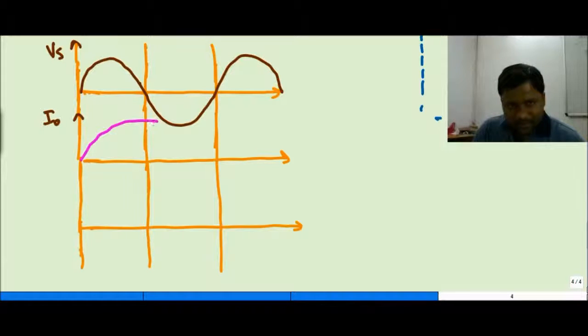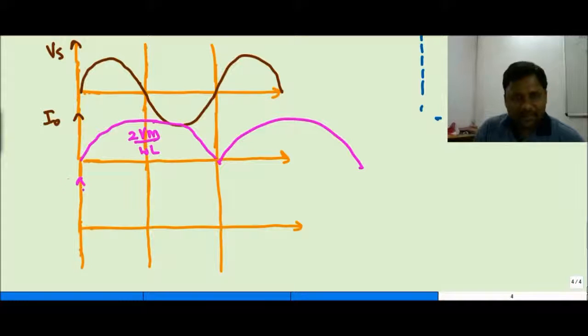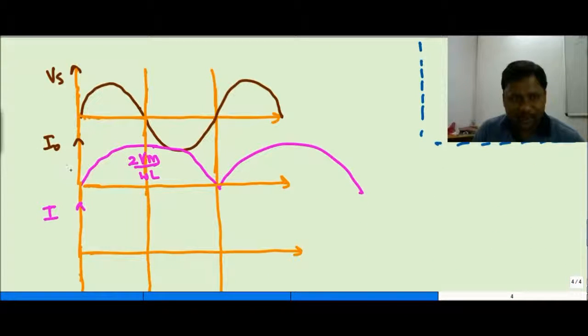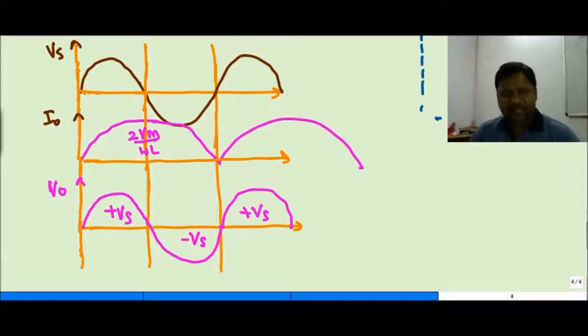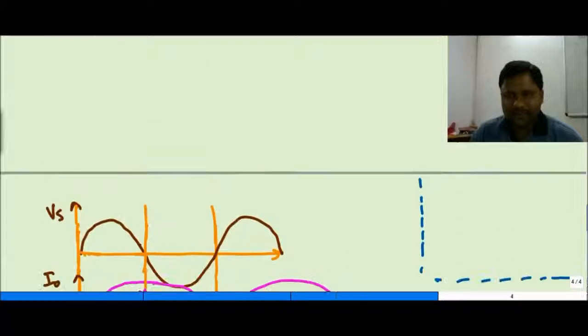It is going to be like this. And if we draw the voltage across, we call it the output voltage. During the positive half cycle, it should be plus Vs, and during the negative cycle, it should be minus Vs. Similarly, it is plus Vs again. So this is the output voltage that we have understood, and this is the basic operation of the diode.